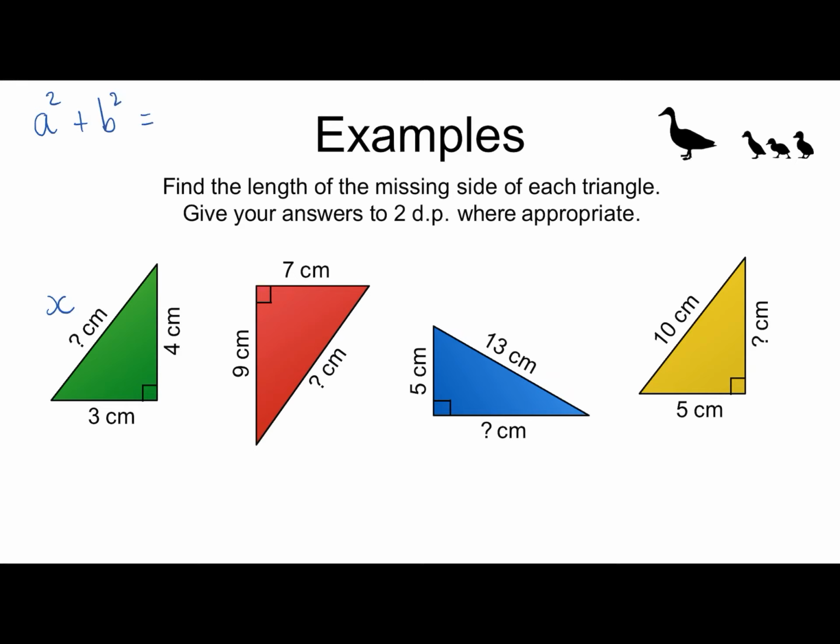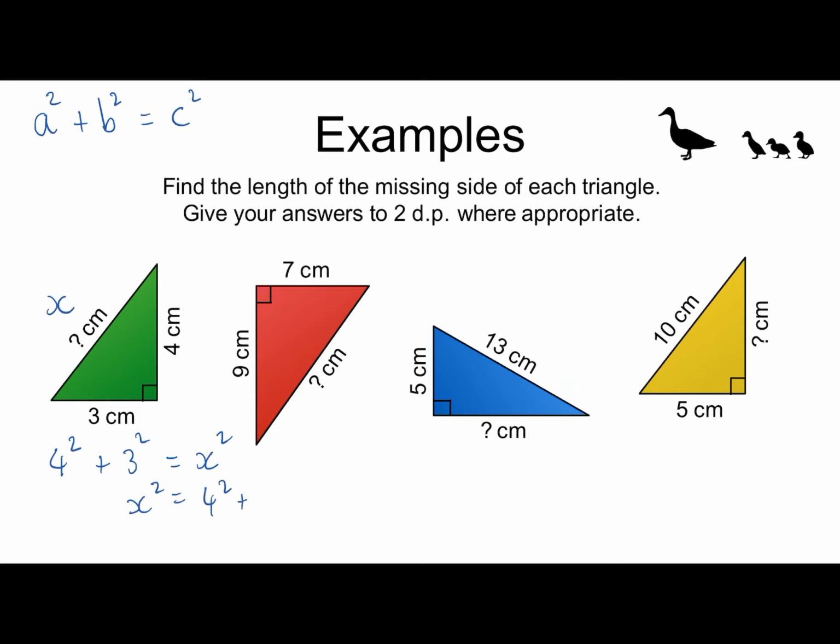Pythagoras said a squared plus b squared equals c squared, where a and b are the shorter sides and c is the longer side. So we can easily make an equation that says 4 squared plus 3 squared equals x squared. Okay, now you probably understand why I gave you the starter questions that I gave you. It's a very simple equation to solve.